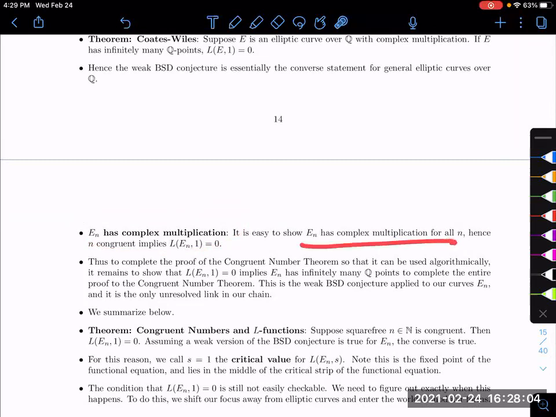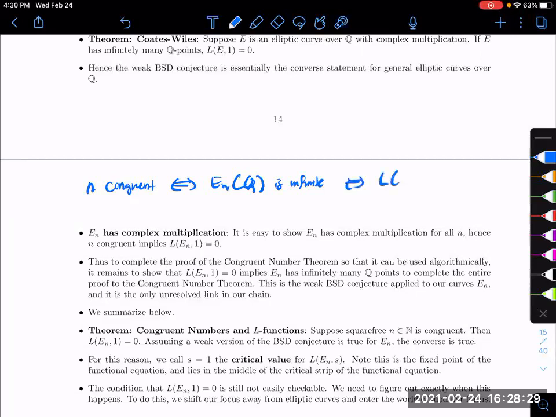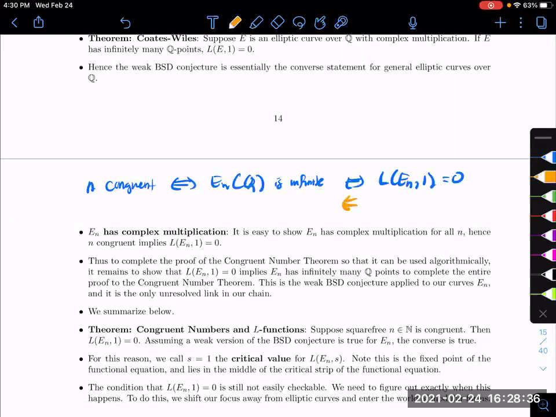So E_n has complex multiplication for all n, and hence, if n is congruent, what do we know? If and only if E_n(Q) is infinite, but by this BSD conjecture link in the chain, we know that E_n(Q) is infinite if and only if L of E_n at 1 is 0, where only this direction is unknown, is unproven.